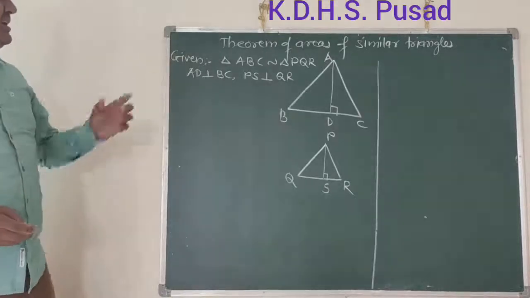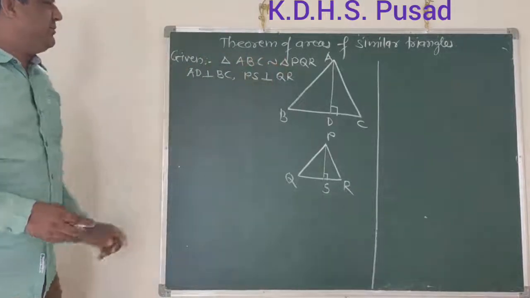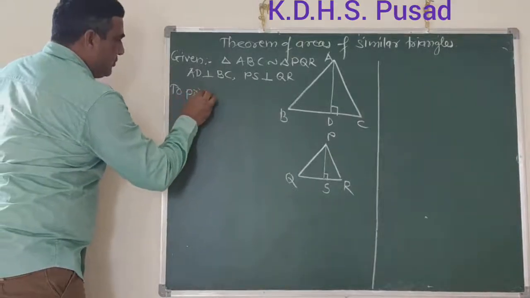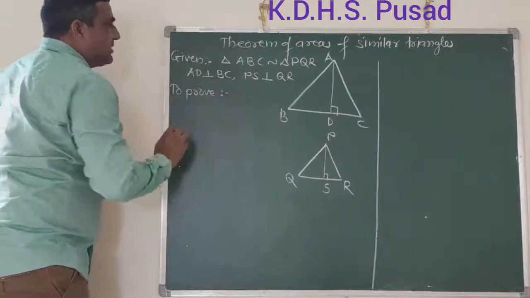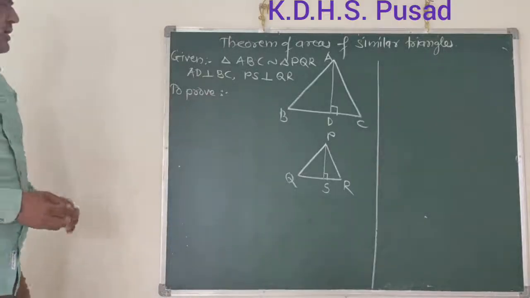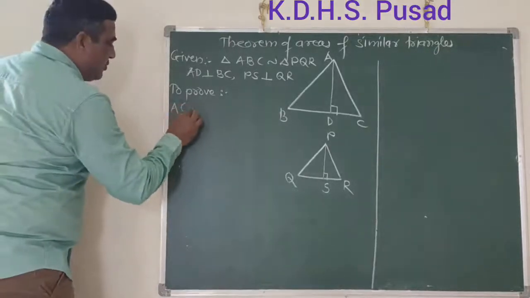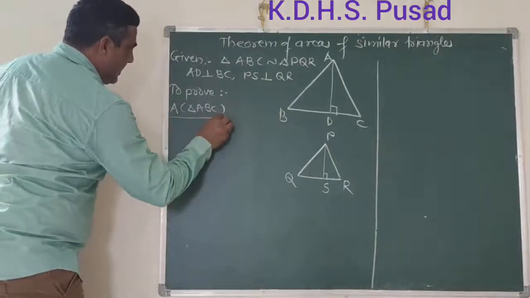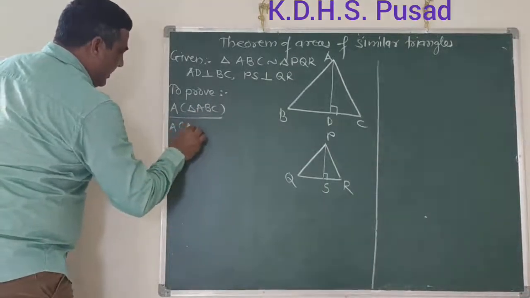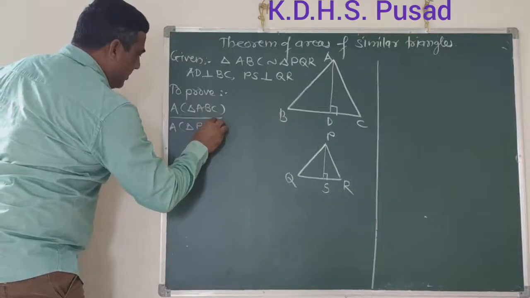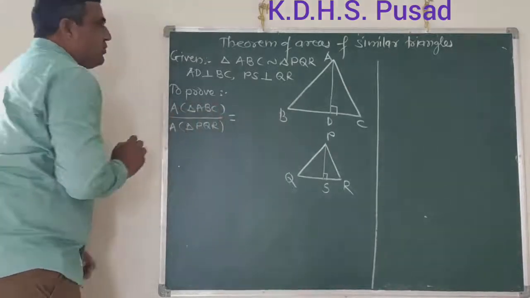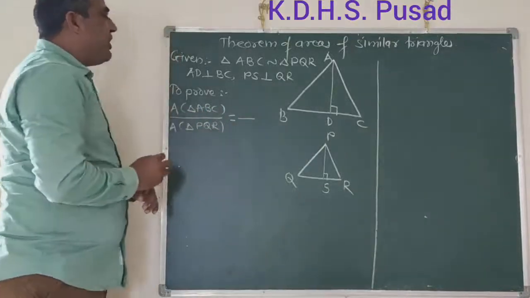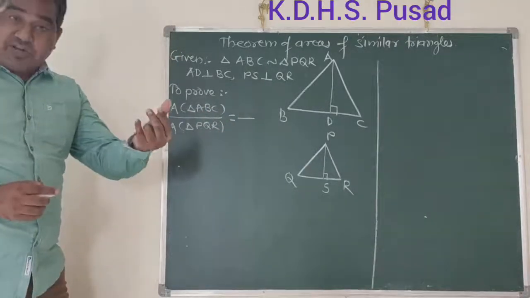Now what is your theorem? If two triangles are similar, then ratio of... Now let's discuss what we want to prove. Ratio of area of two triangles, area of triangle ABC by area of triangle PQR, is equal to the ratio of squares of their corresponding sides.